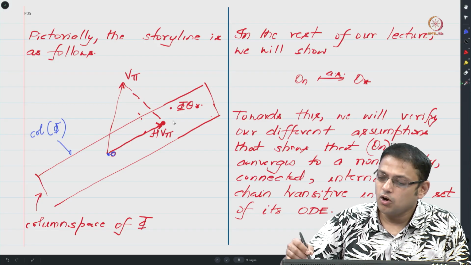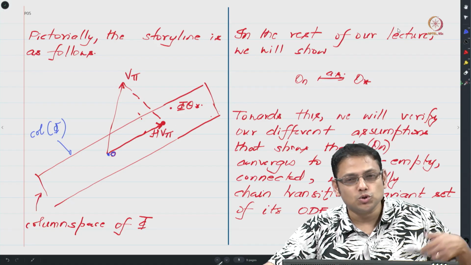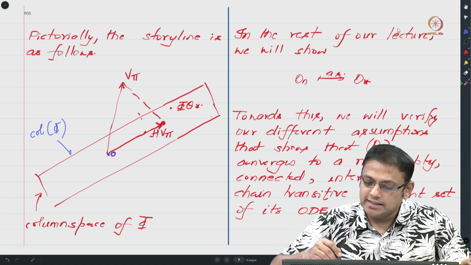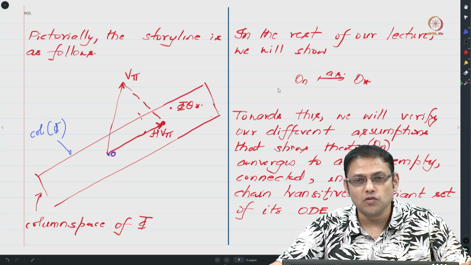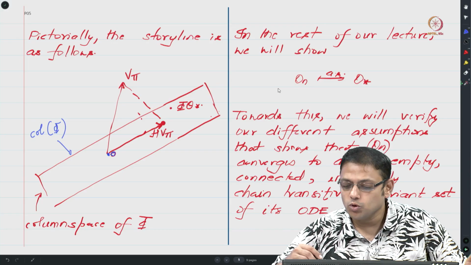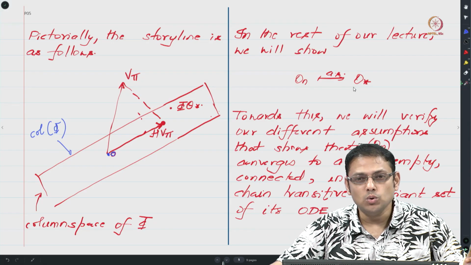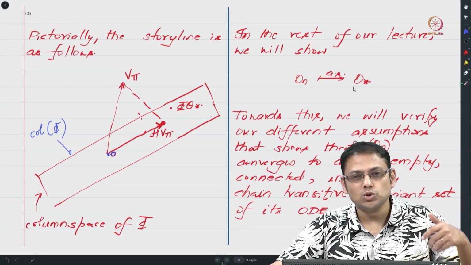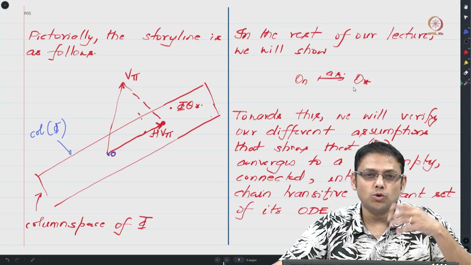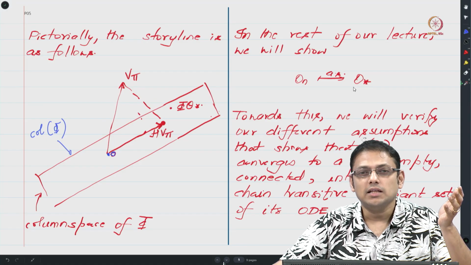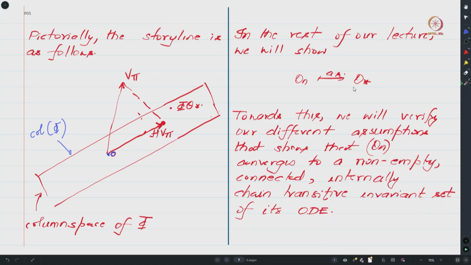And in the rest of this lecture what we are going to show is that your theta n, that is the iterates of your stochastic approximation TD0 algorithm, would almost surely converge to theta star. In order to show this result, we are going to make use of the different assumptions that we have studied in the first few weeks of this course.